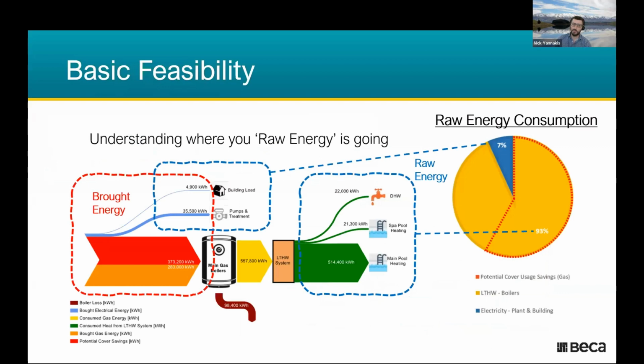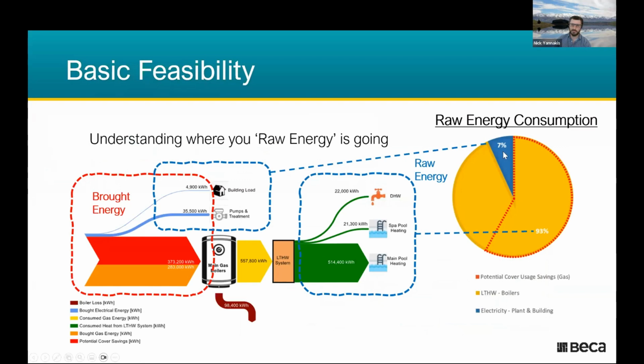When you start getting into a basic study, what you want to start knowing is you've got this bought energy that comes from, whether it's your gas or your electricity, but then it's doing some work. So at the moment, this site's got a boiler in it, and that's producing some heating for the pools, pool heat, and some domestic hot water, and that's what I'll call your raw energy.